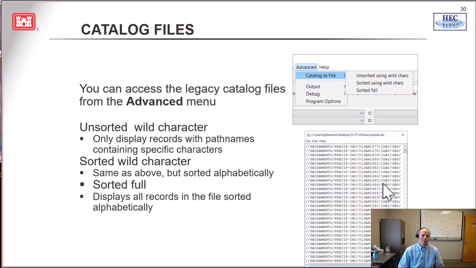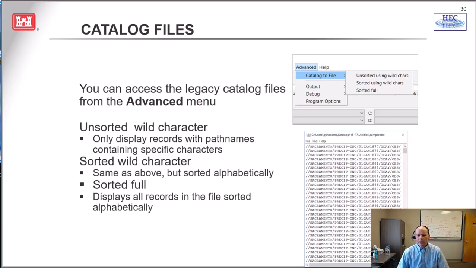That's a version 6 catalog. It was separate from the DSS file, whereas now in version 7, which is what we're supporting going forward, the catalog is part of the DSS file. But this can still be a valuable feature, to be able to get your catalog out into a text file format and to work with it.